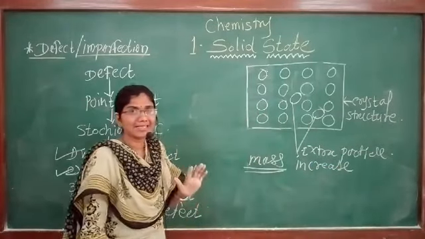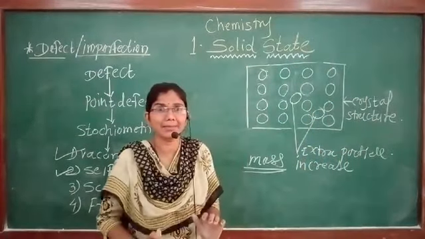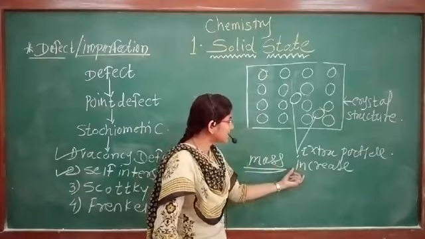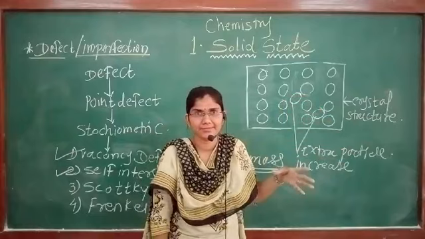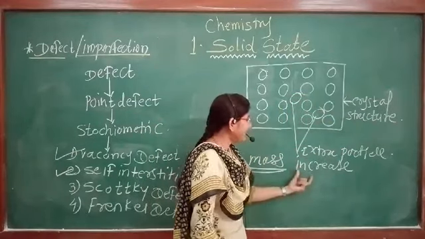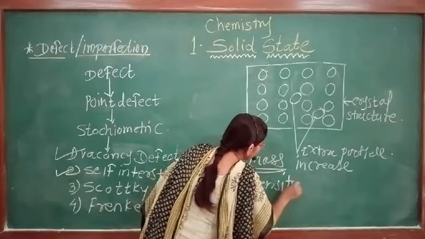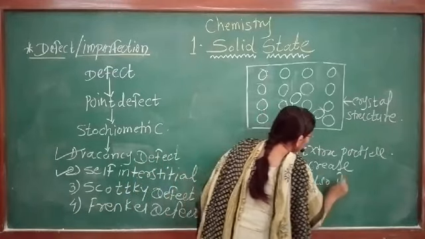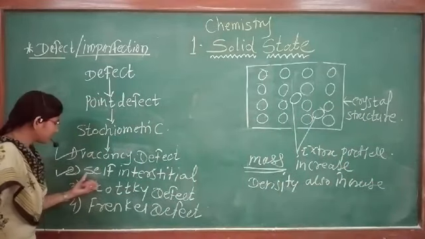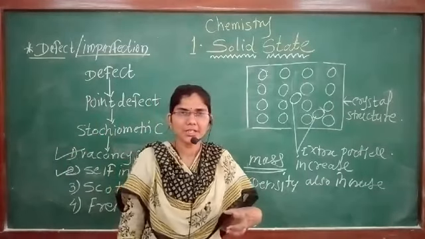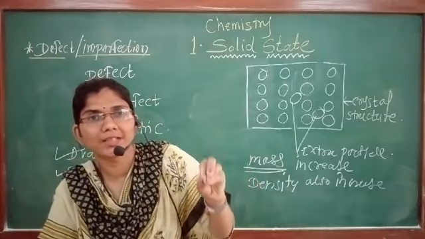Density remains same? Volume means the volume of the crystal structure. It remains the same, but the mass increases due to the addition of the extra particle into the interstitial site. The mass increases and hence the density also increases. So these are the two ways of the self-interstitial defect, one in which the original particle leaves its original position and goes into the interstitial site.